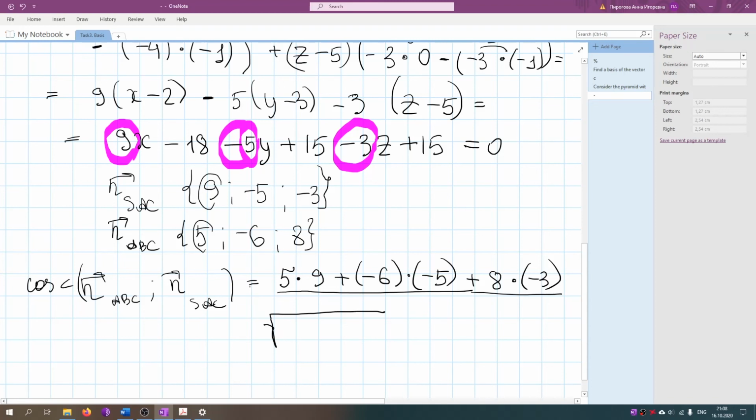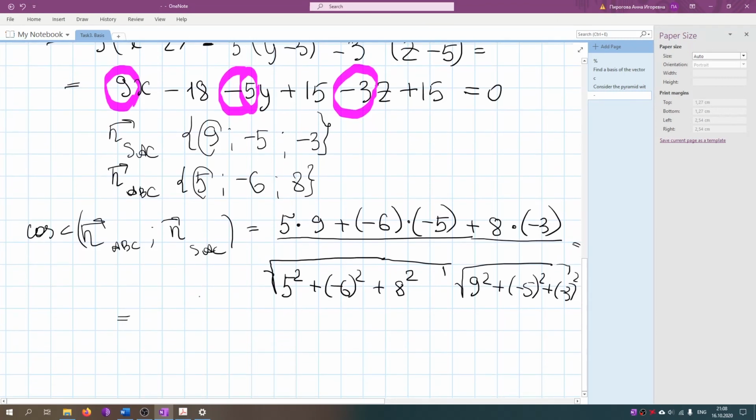So we take 5 to the second power plus -6 to the second power plus 8 to the second power, 9 to the second power in the coordinates of the first vector, plus -5 to the second power, plus -3 to the second power.